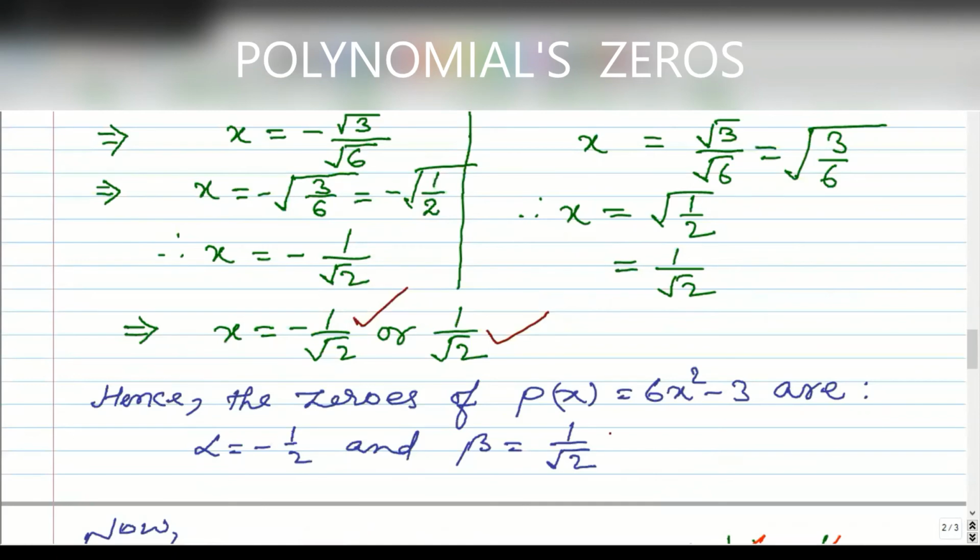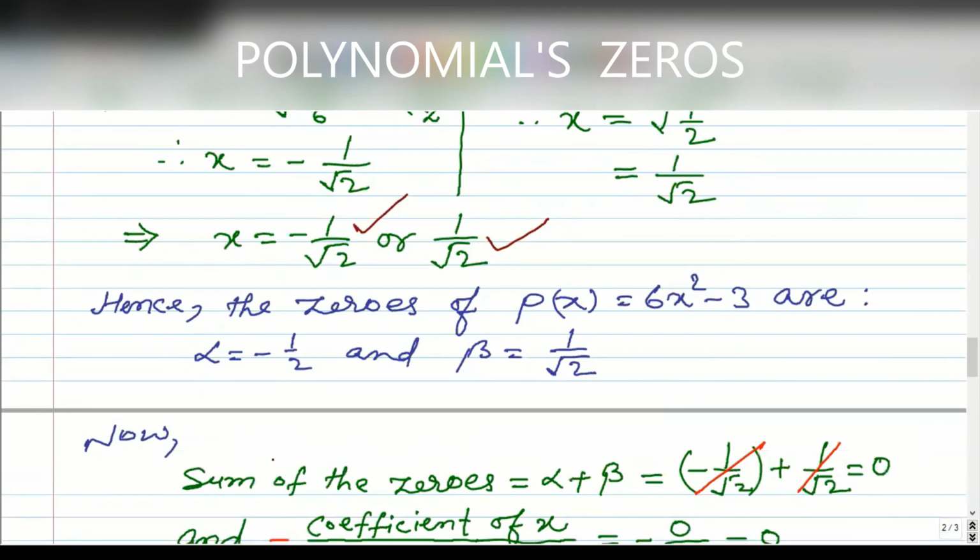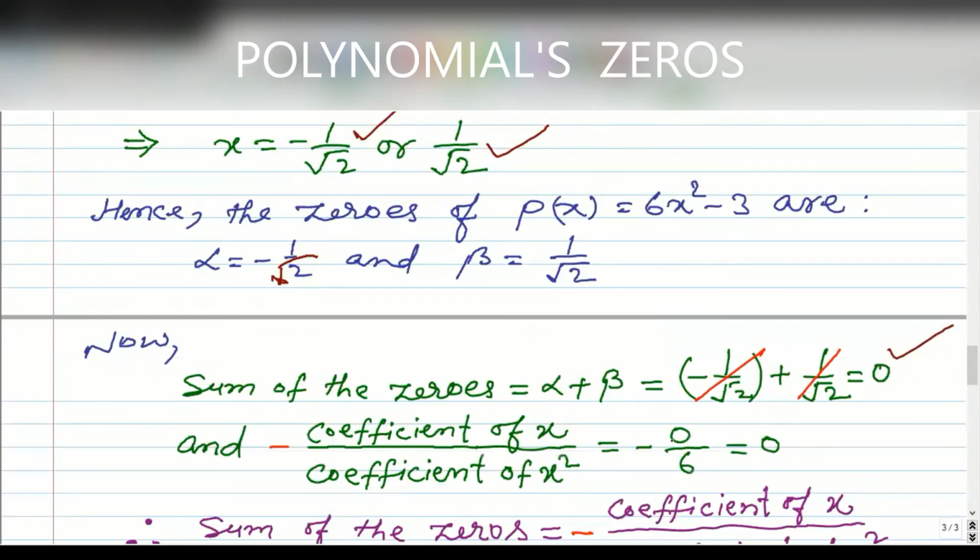Sir, here you have taken 1 by 2. Why? It is also 1 by root 2, no? So we can write here alpha equal to 1 by root 2. The sum of the zeros becomes 0, and the coefficient of x is 0, so minus coefficient of x over coefficient of x square, always it gets 0.